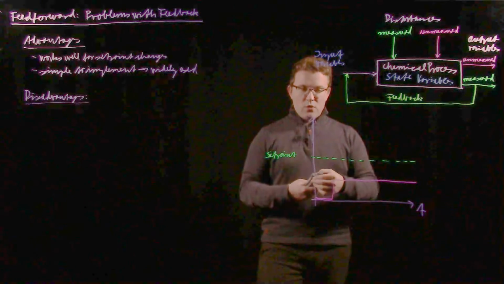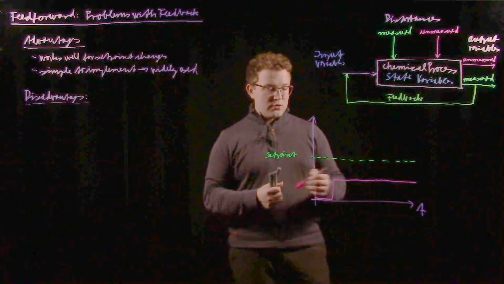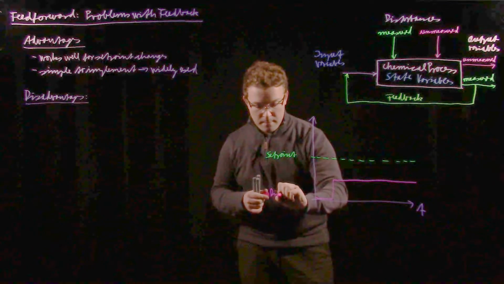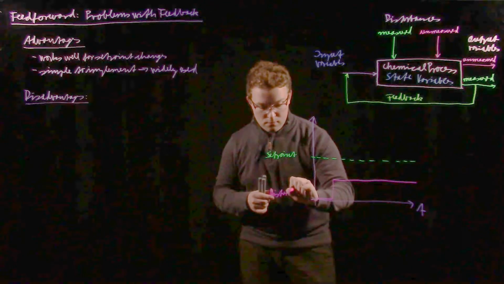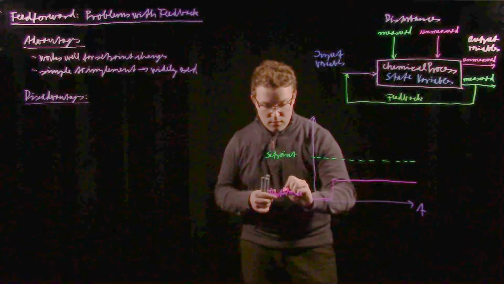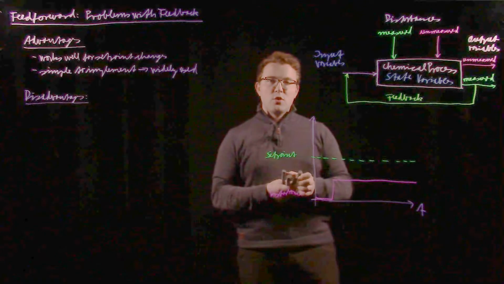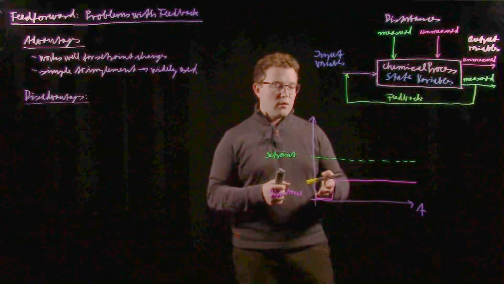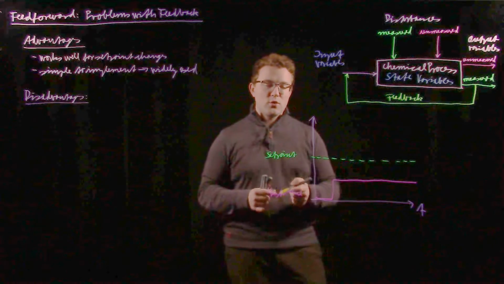So how is our typical reaction? First of all, we noted here the disturbance. How would our system typically in such a feedback system react in response to such a disturbance?